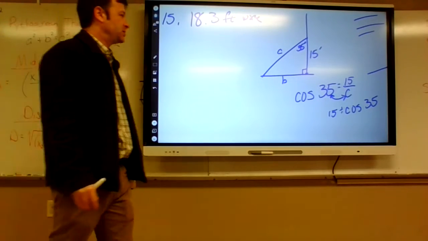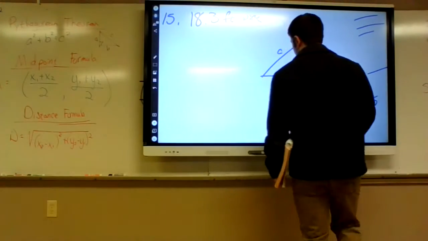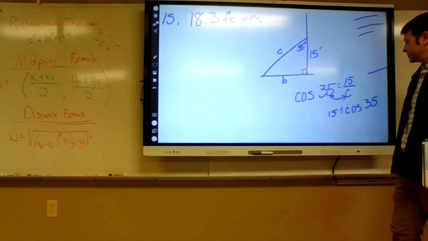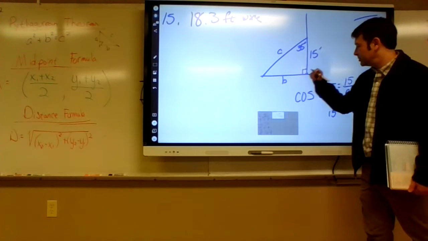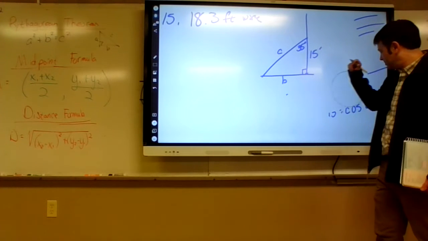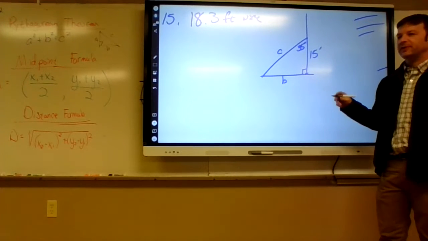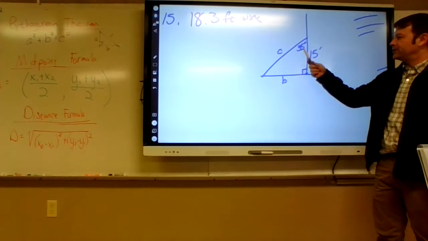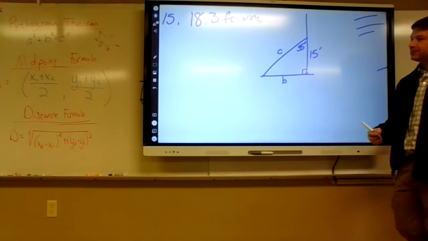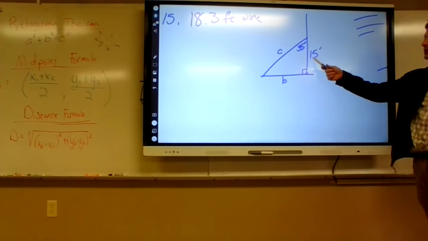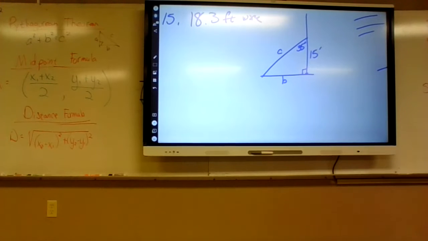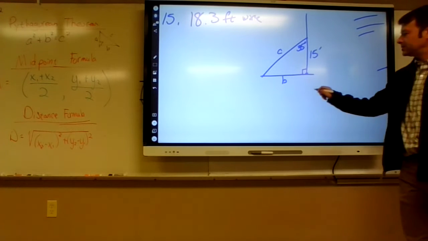Montana, how could we solve for B, how far the wire is from the base of the antenna? How far it's attached. How could we solve that for B? Relative to 35 degrees, we're looking for the what? Opposite. And we have the adjacent. So we need to use tangent.